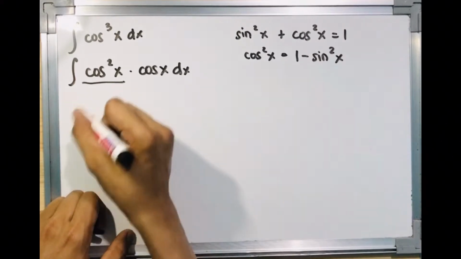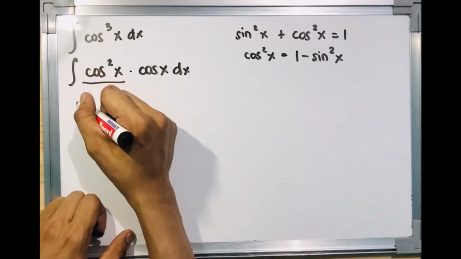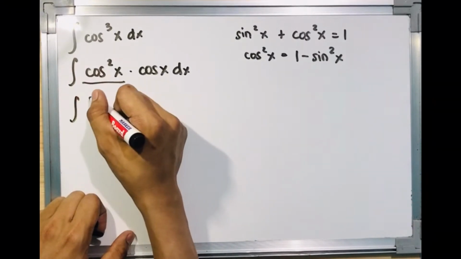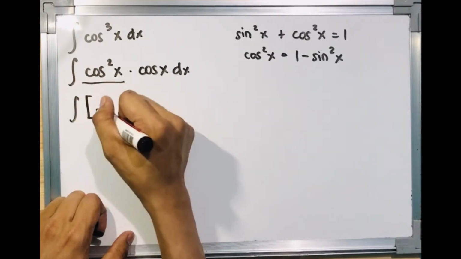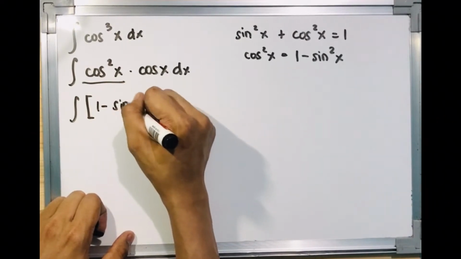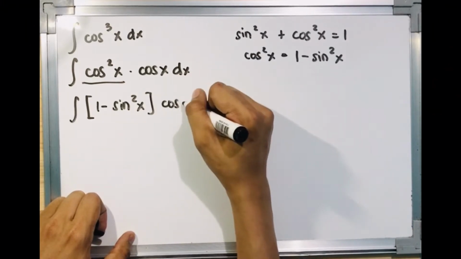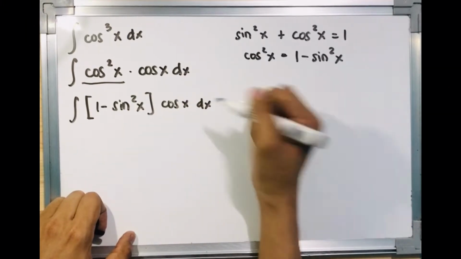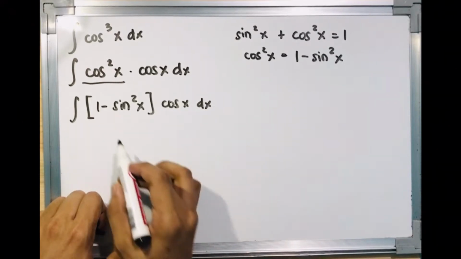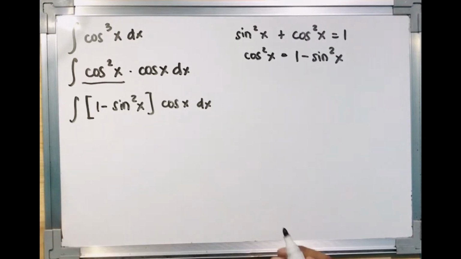Okay? So, isubstitute na lang natin siya dito. Magiging integral of 1 minus sine squared of x cosine of x dx.